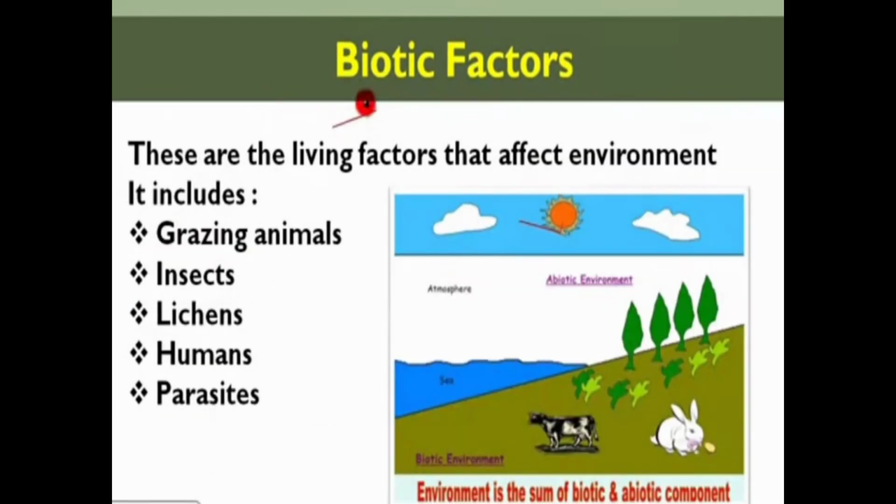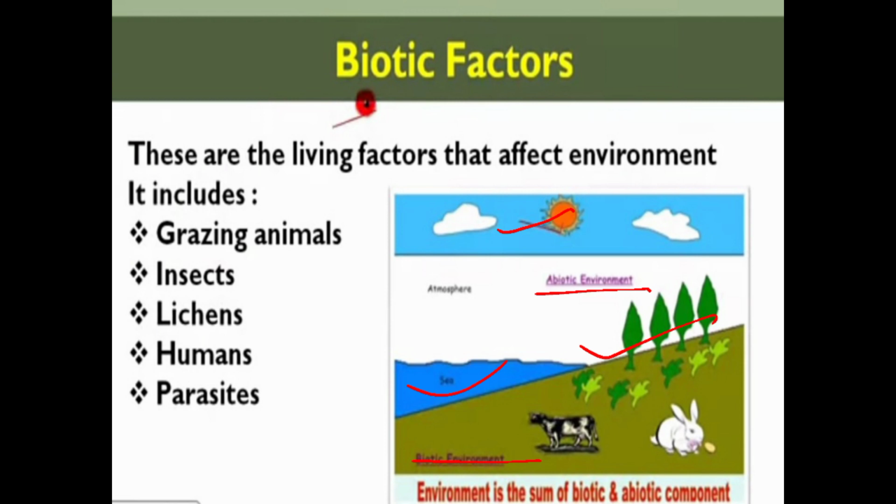Now let's study about the biotic factors. Biotic factors are the living factors that affect the environment. It includes grazing animals, insects, lichens, humans, parasites. As we can see in the given figure, it includes both abiotic environment and biotic environment. In the abiotic environment, there is sunlight, trees and water.